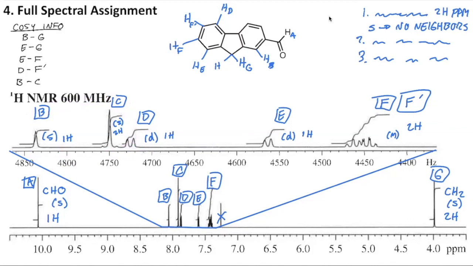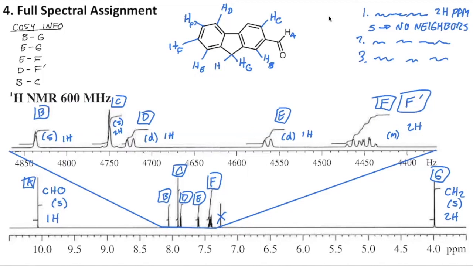We could get a 4-bond coupling from B to this position here for a smaller number of hertz, say on the order of 1 to 3 hertz, that may not show up very well in our one-dimensional NMR, but it seems like the COSY is picking it up. So that could definitely be proton C.